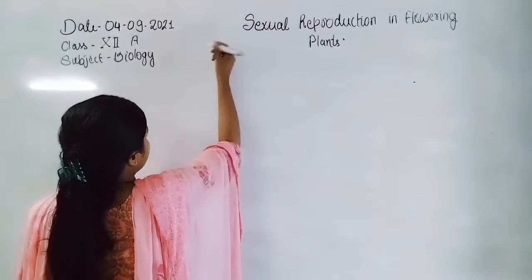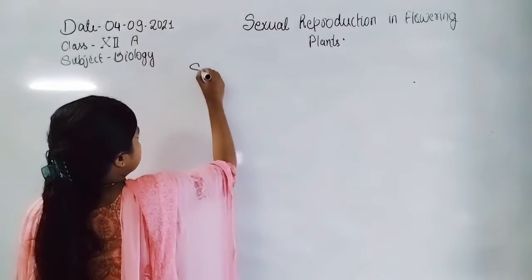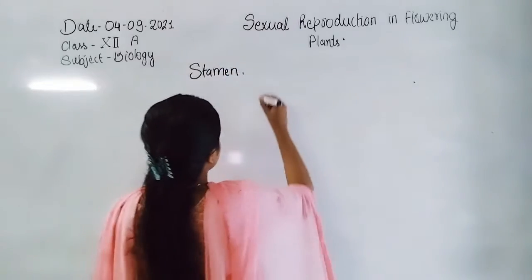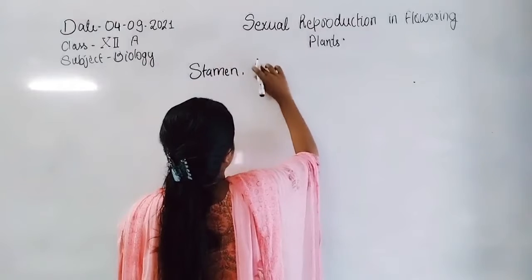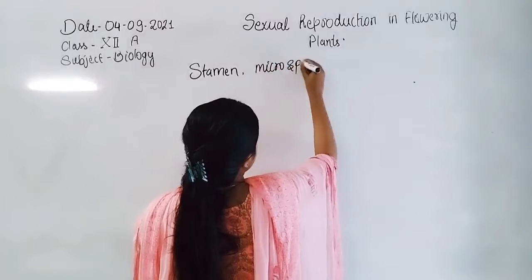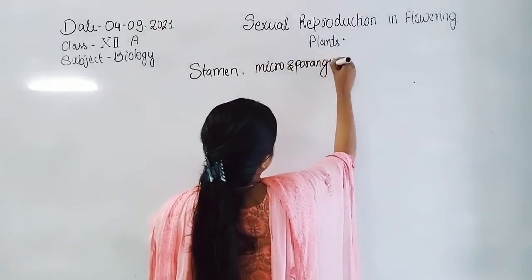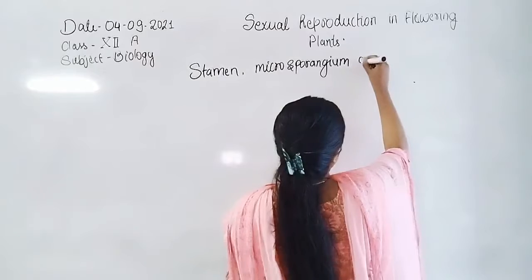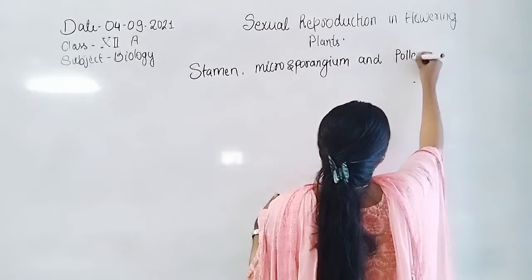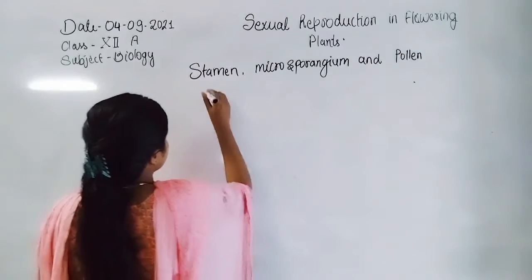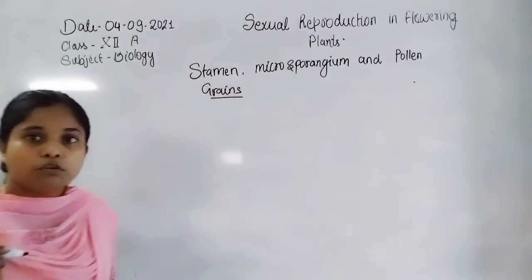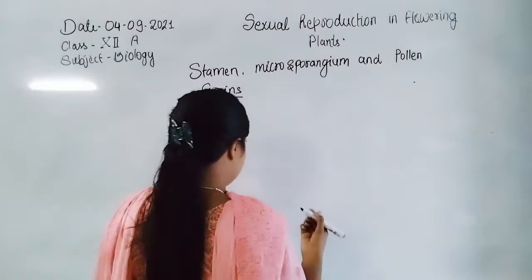Here is the stamen, microsporangium, and pollen grains. So first we discuss the stamen.